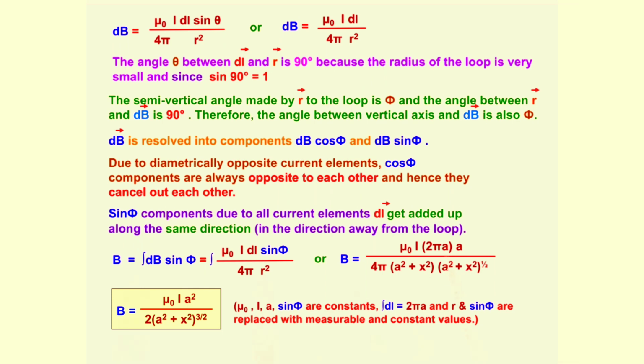We can see the formula given on the top, that is dB equals mu naught upon 4 pi, I dl sin theta upon r square.